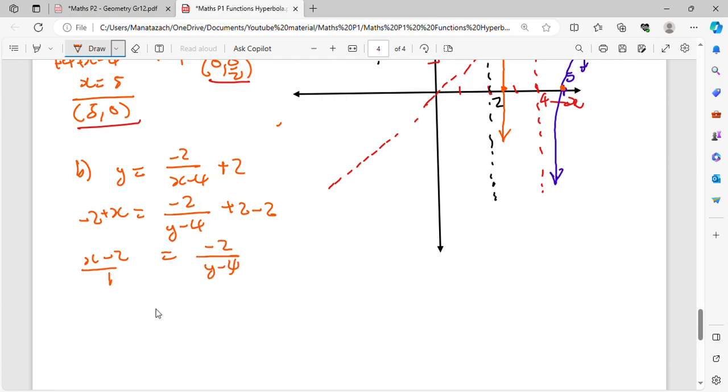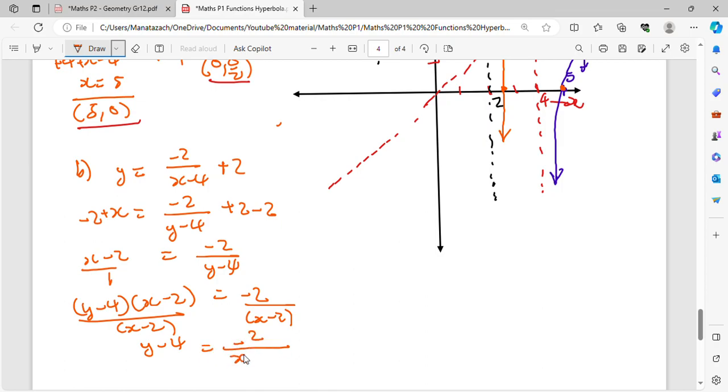Then you cross multiply: y minus 4 times x minus 2 is going to be minus 2, and then you can divide by x minus 2 this side, and that side we'll have y minus 4 is equal to minus 2 over x minus 2.